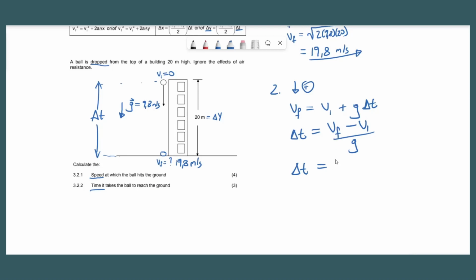So the final velocity, as we found in the previous question, is 19.8 meters per second. The initial velocity was 0, and g, which is the gravitational acceleration, is 9.8. By doing that, you will then be able to find the change in time, which again, you can just take your calculator, plug in the numbers, and find the answer. And of course, this is time, and it will be in the units of seconds. So that's it for this question.